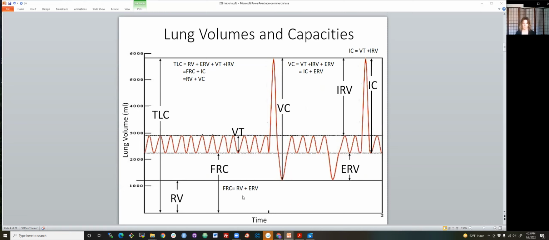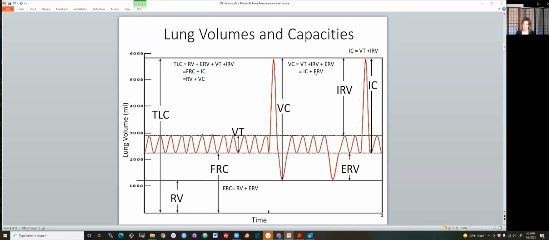Or we can also state that total lung capacity is the sum of residual volume plus vital capacity. And vital capacity over here, VC, is the sum of tidal volume, inspiratory reserve volume, and expiratory reserve volume.